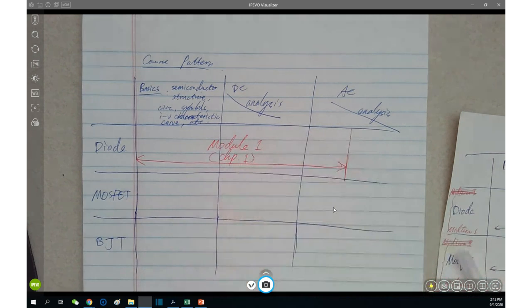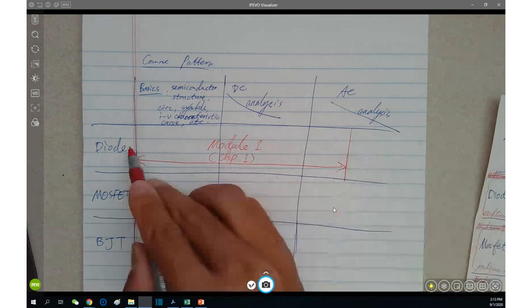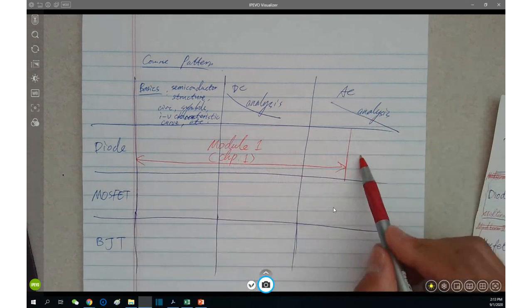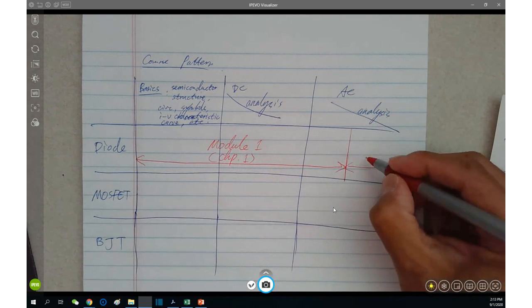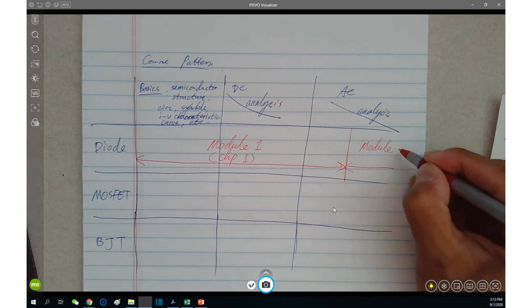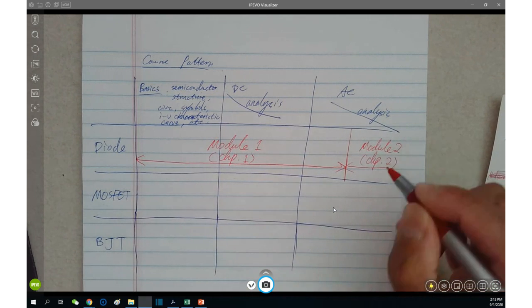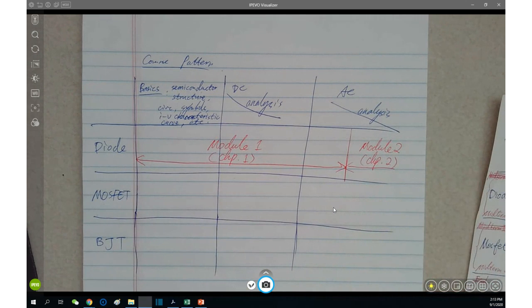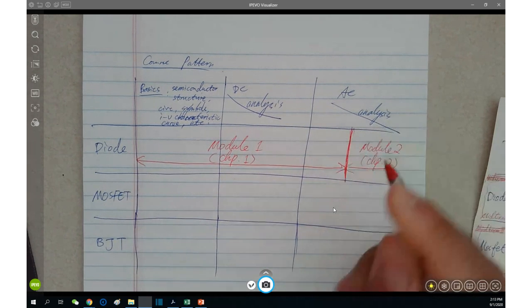The second half of the AC analysis of the diode belongs to module 2, or say chapter 2. So there's a vertical line to divide them.